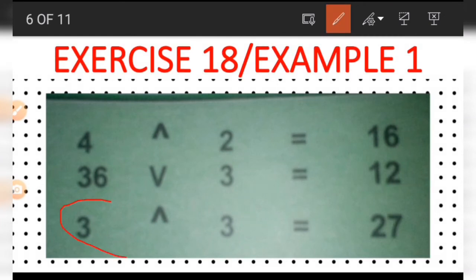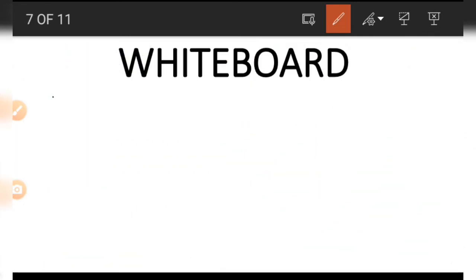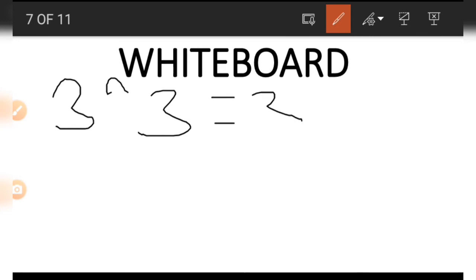Finally, let's look at the last line. An inverted V again. 3 inverted V 3. Now let's see what we are going to get from this. That is going to give us 3 raised to the power of 3.